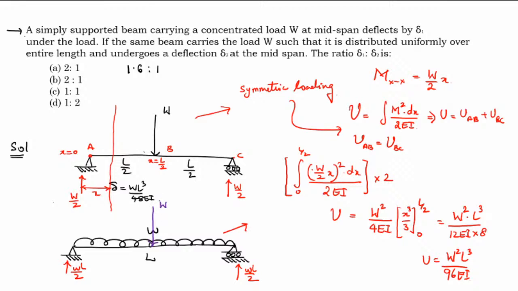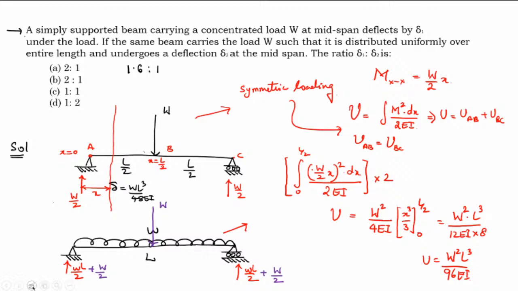So due to the presence of the dummy load, here the reaction will be wL by 2 plus capital W by 2, and here the reaction will also be wL by 2 plus capital W by 2, because I am introducing a dummy load here.